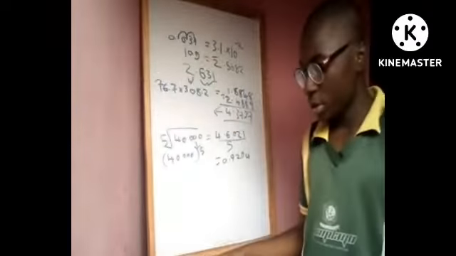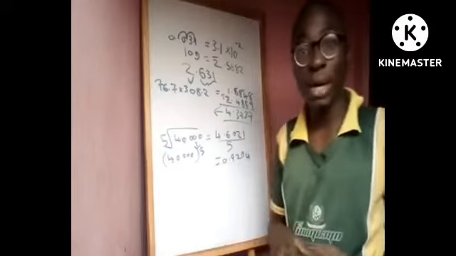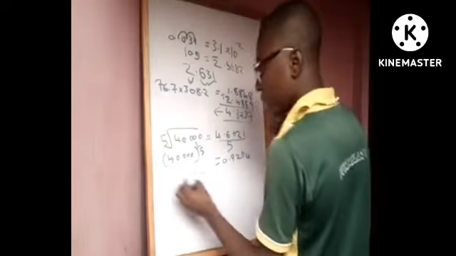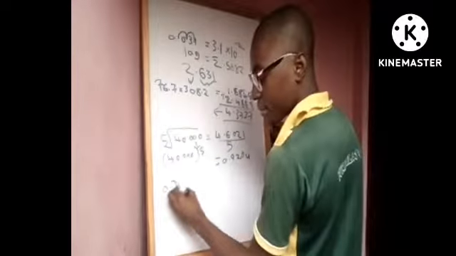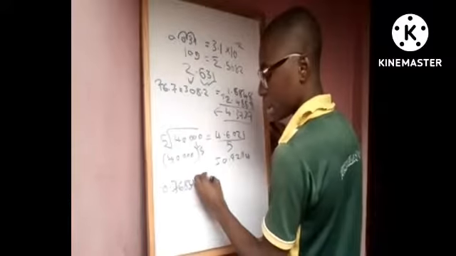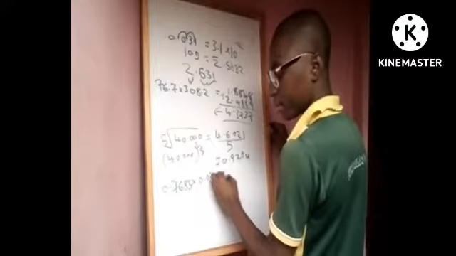That's how it works. So let me give an example. What if we were to multiply numbers with negative logarithms? Let's take this question: 0.7685 multiplied by 0.03415.